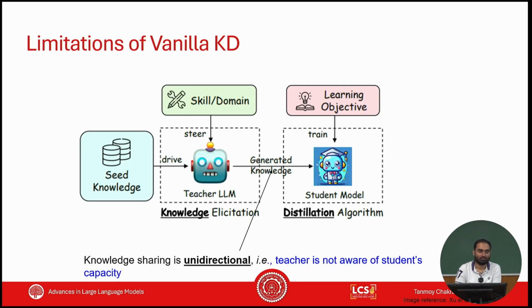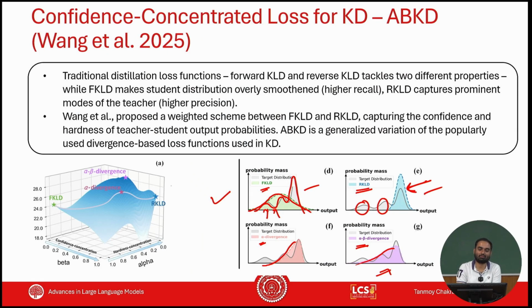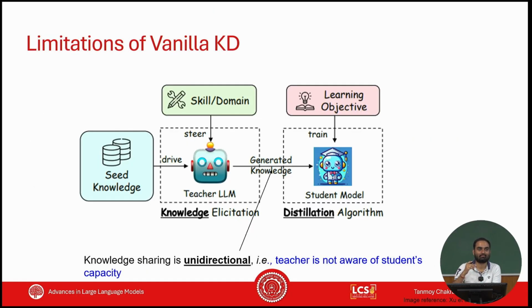Okay. All right. So till 2025, all these models were proposed. But if you look at all these models, the basic problem is that the distillation process is always unidirectional. What does it mean? The teacher model does not know anything about the student's capacity.